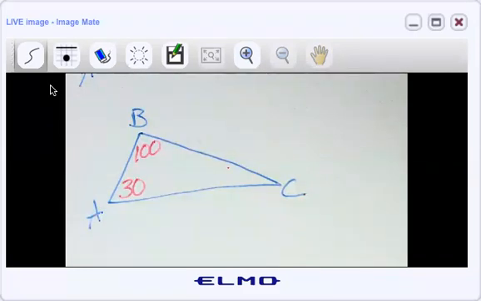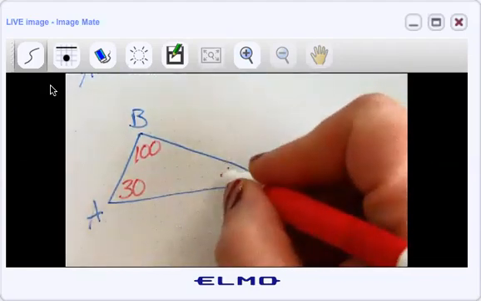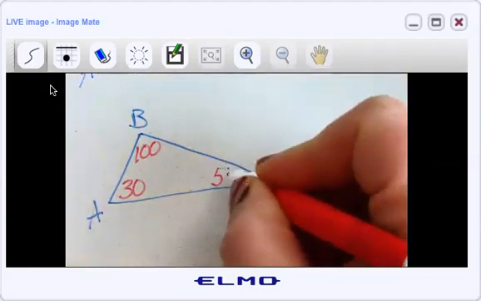If you told me your updated answer, I didn't hear you. But you are right that it's not 40. I don't know if I lost you or what, but the answer that I'm looking for is 50.